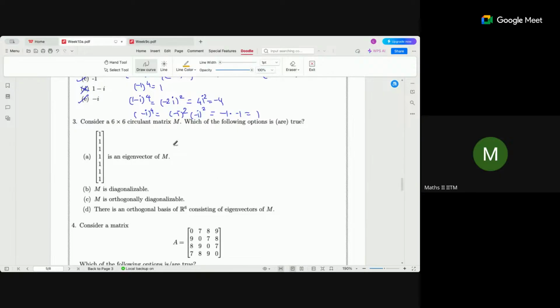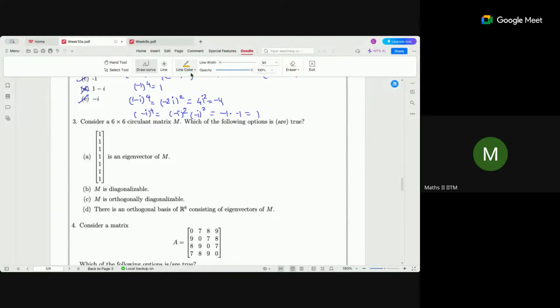You know that circulant matrices are diagonalizable. First of all, is it diagonalizable or not? If it is diagonalizable, can you give a reason why? What did we see in today's session? If you have a circulant matrix, we have a set of eigenvectors which forms an orthonormal basis, the Fourier basis.